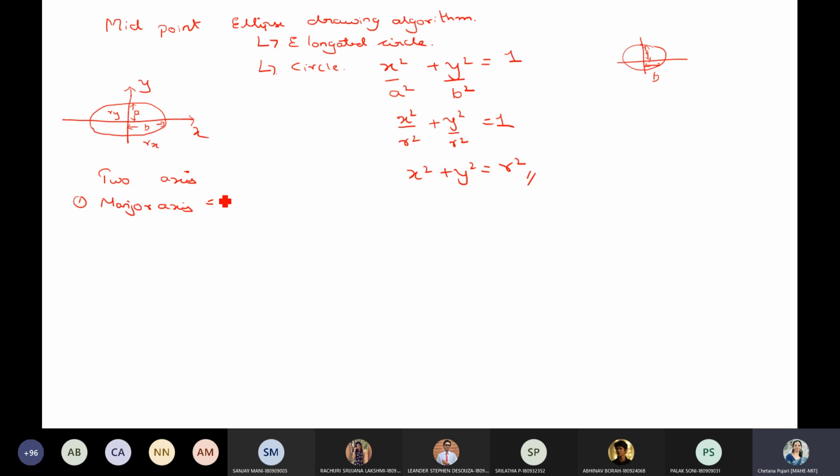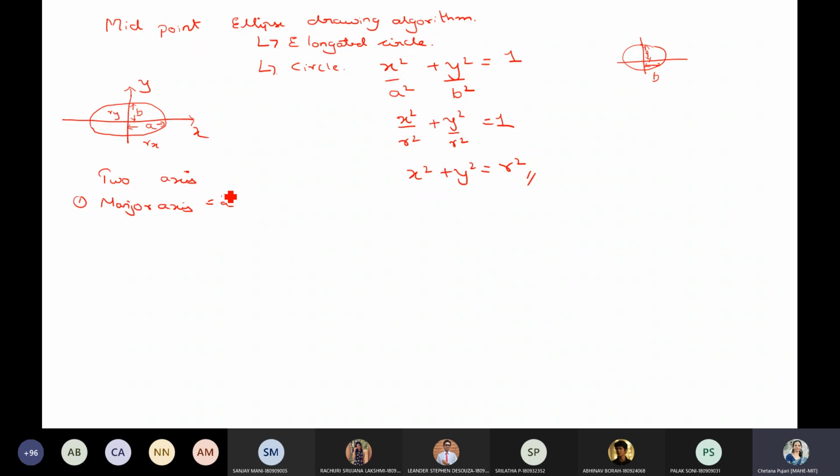It's the longer axis. I wrote A for X and B for Y, so just write B here and A here.